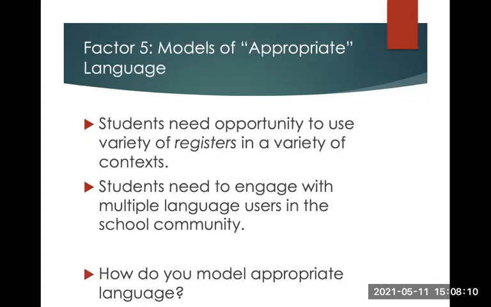The fifth factor that supports oral language development for emergent bilinguals is having models of appropriate language. Now, appropriate language does not mean perfect grammatical language, because grammar is really just about how we're making meaning, right? So it's not about rules and speaking perfectly. It's about students having the opportunity to use a variety of registers in a variety of contexts. No one speaks academic language as a first language.